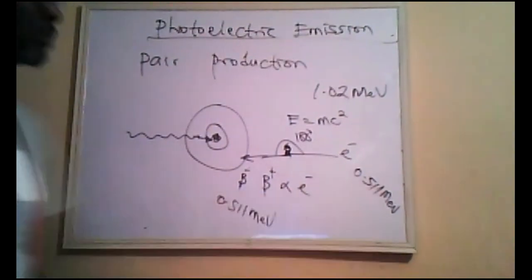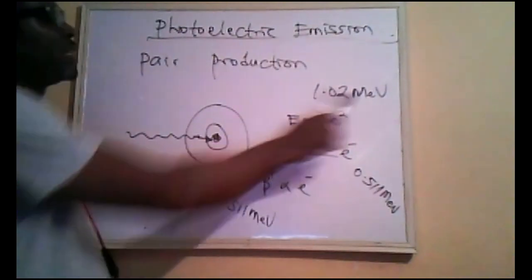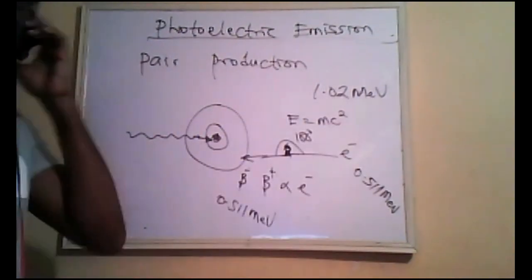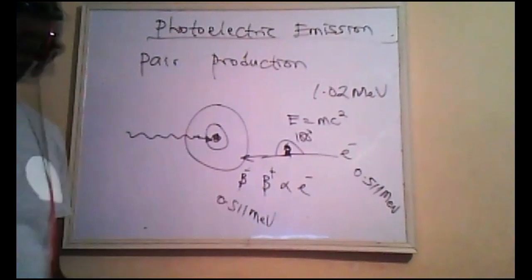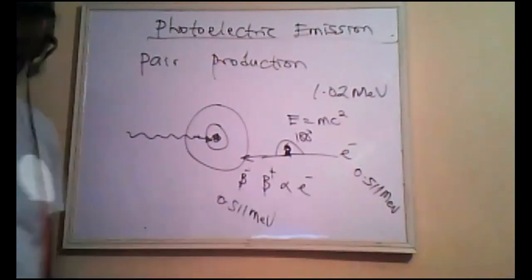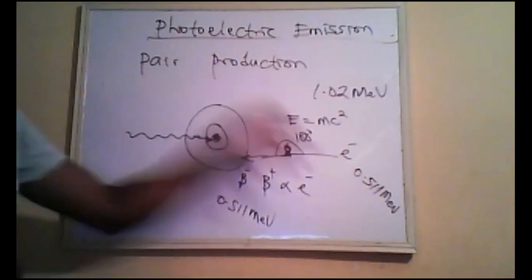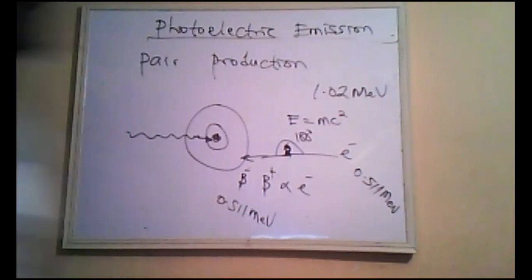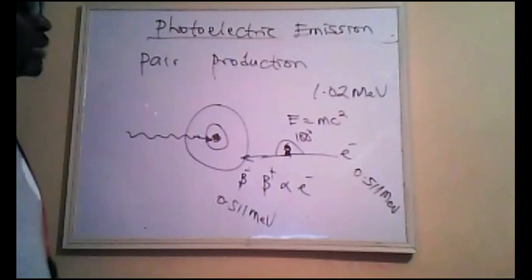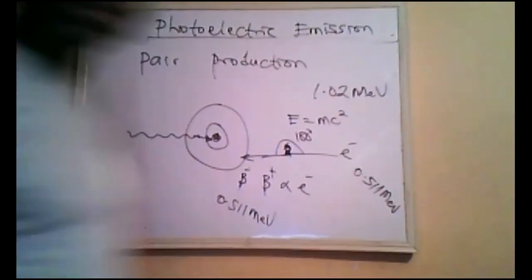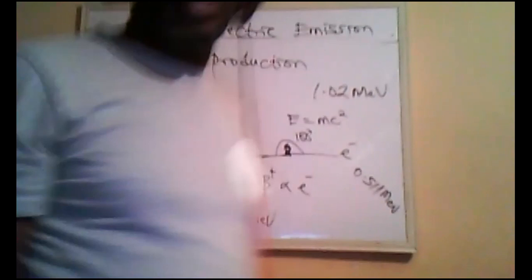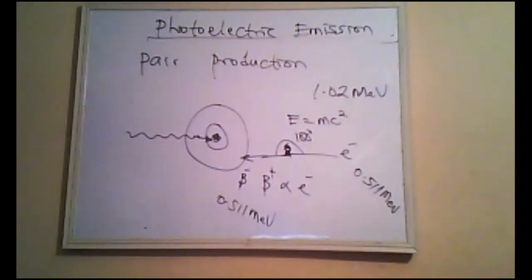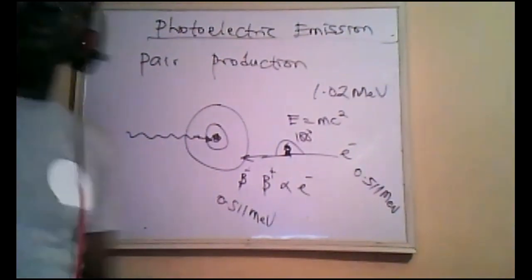If you have a photon whose energy is greater than 1.02 mega electron volts, after the production of the positron and the electron, the remaining energy will be given to these two as kinetic energy, which they will use in traversing matter, traveling some distance before they interact and lose their energy locally. So that is it about the interaction of X-rays and photons with matter.